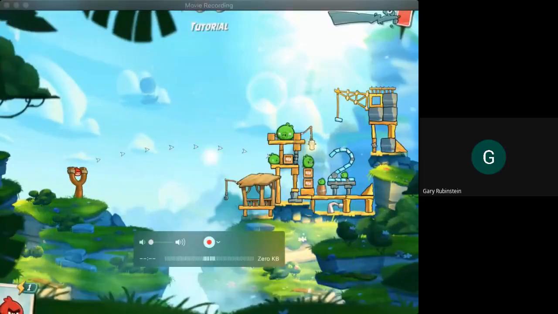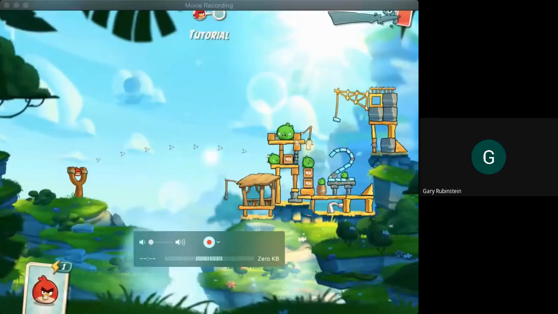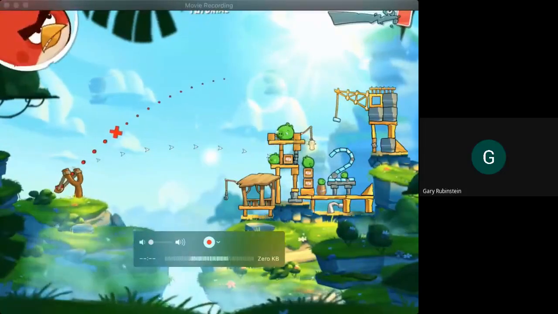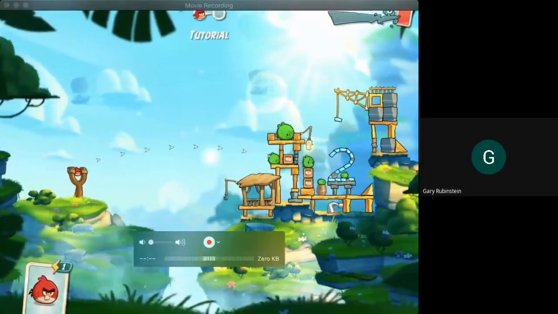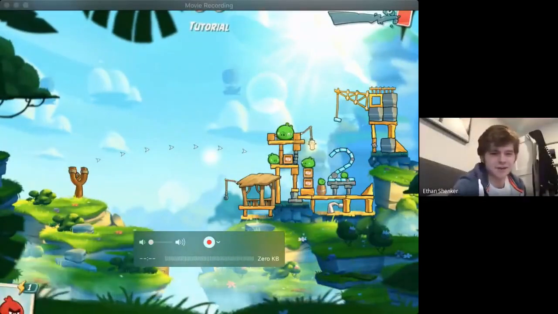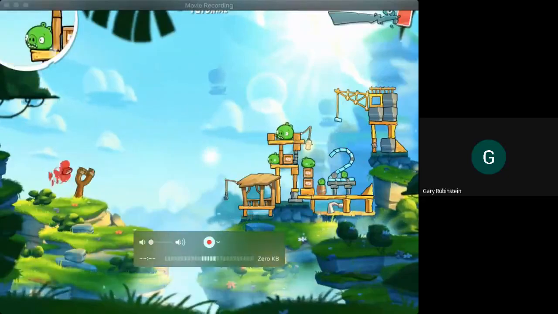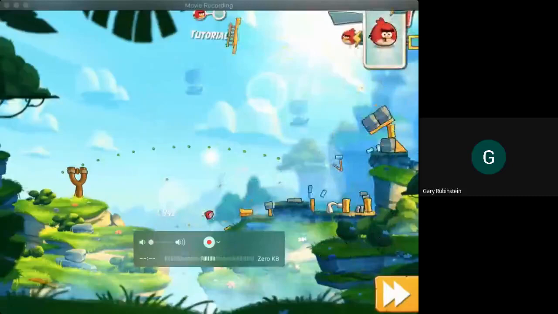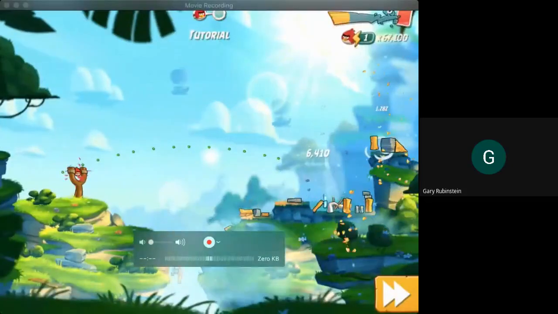Okay, well, this game isn't very fun if I can't have a bird. The bird is already in. He's in? Oh, so how come he's not flying? It wants you to launch at that specific angle, like it wants you to follow that path. Oh, I see. Wow. I'm pretty good.